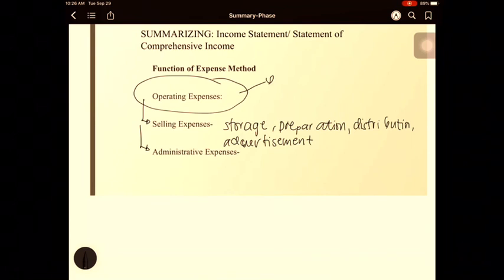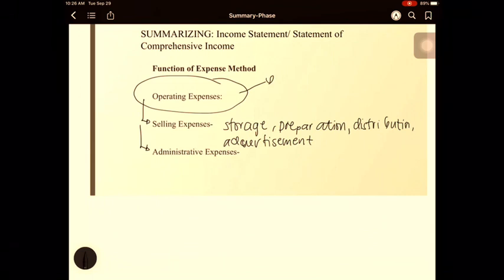The supplies that are being used in the office are usually classified under general or administrative expenses.